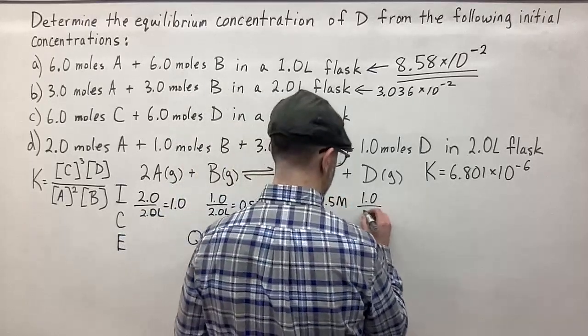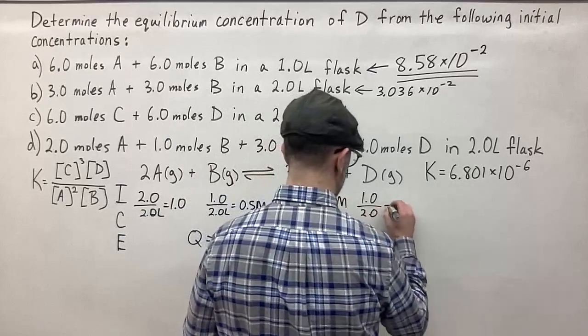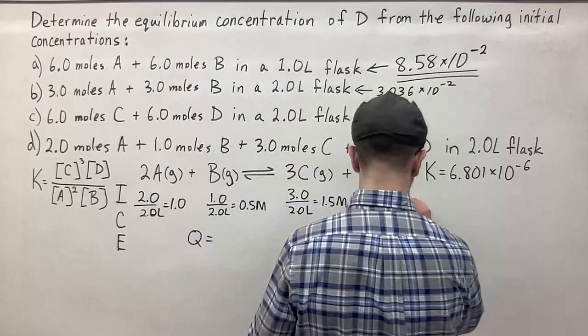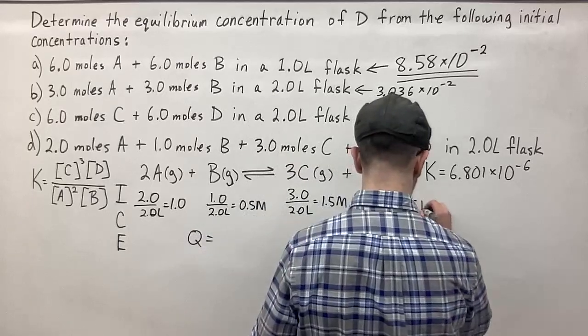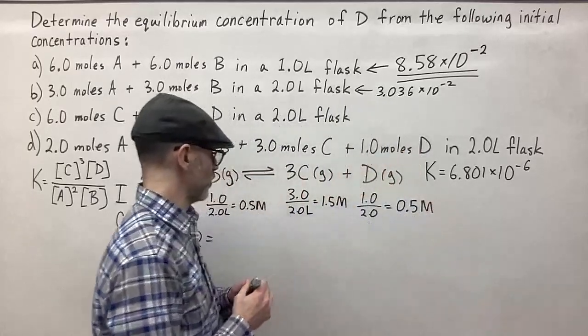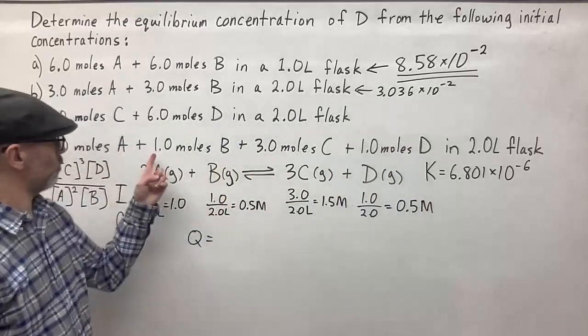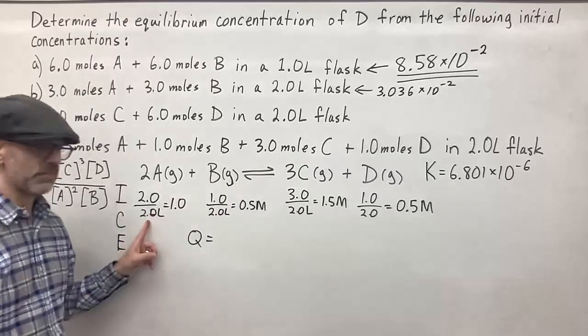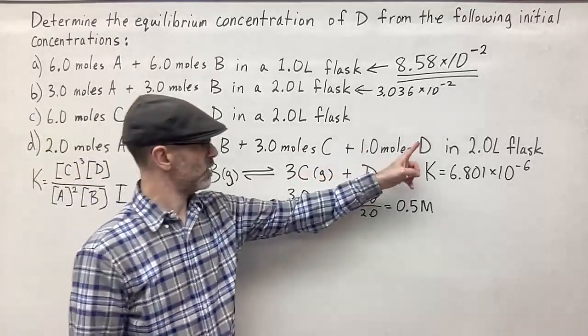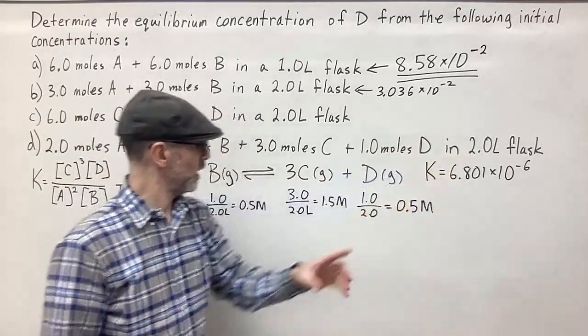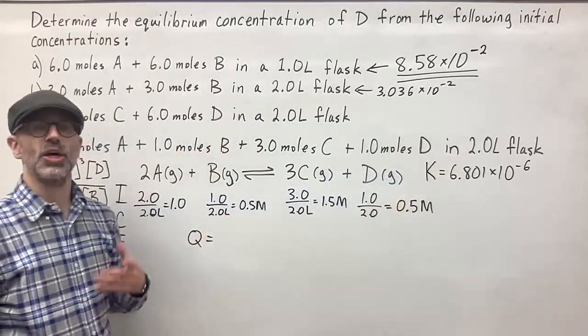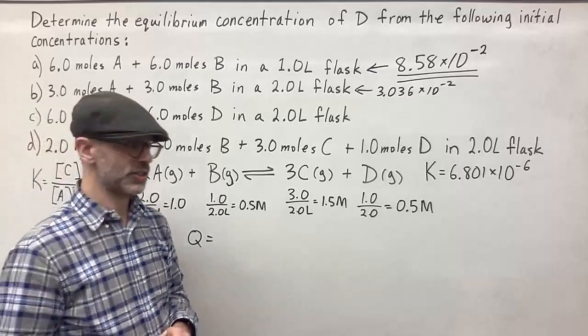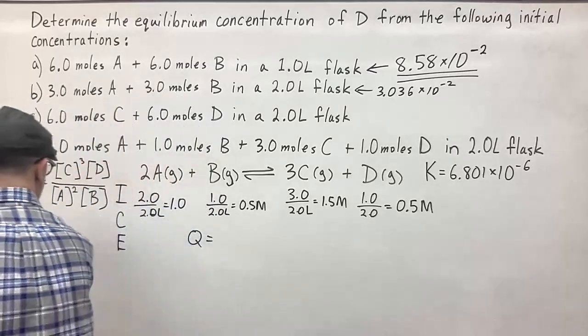And then this one is, again, 0.5 molar. Just to recap, I took the moles that were given, divided by the volume that was given, and that gave us concentrations. So now I can put the concentrations in, right?